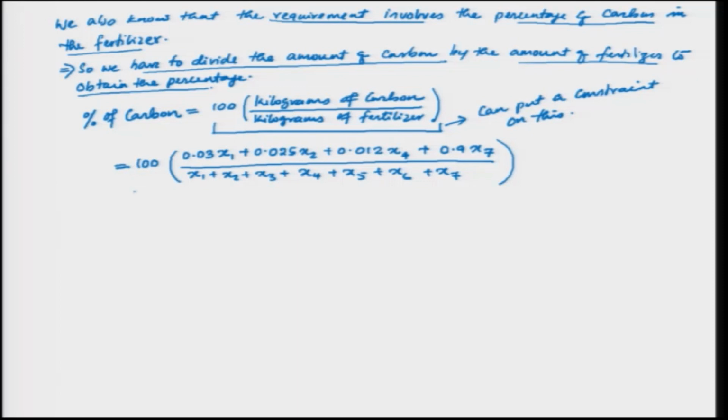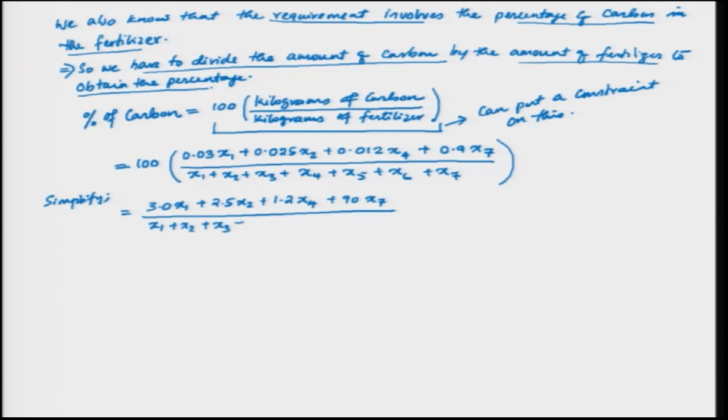Okay. So now we know that this is a percentage, which can be further simplified by multiplying the 100 into the numerator. If you multiply 100 into the numerator, we simplify, which will be equal to 3.0 x1 plus 2.5 x2 plus 1.2 x4 plus 90 x7 divided by x1 plus x2 plus x3 plus x4 plus x5 plus x6 plus x7.